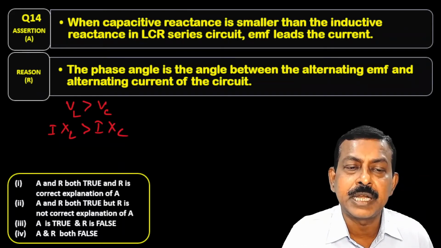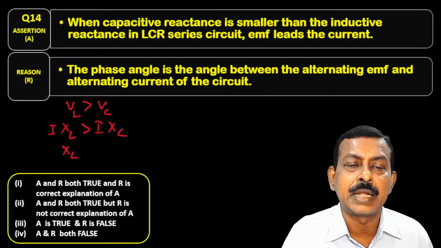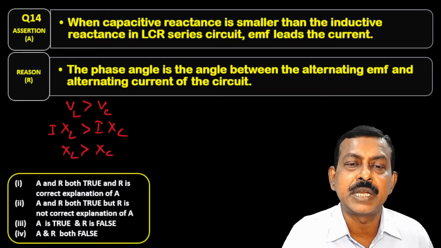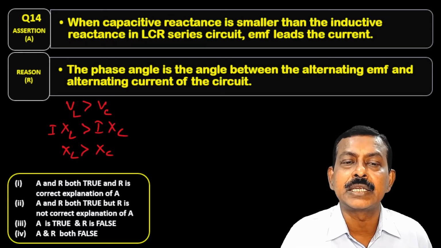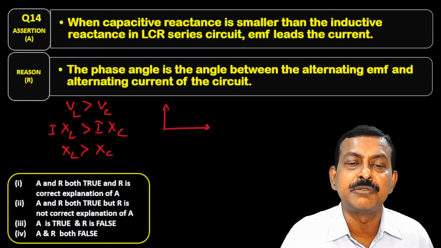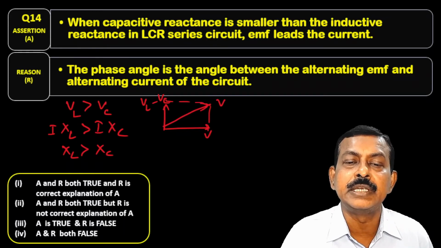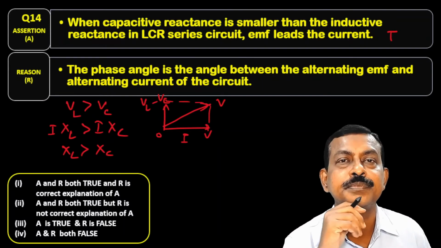So capacitive reactance is less than inductive reactance, and the voltage term is VL minus VC, and this is your V. So obviously the EMF will be leading the current. So in that case, this is true.